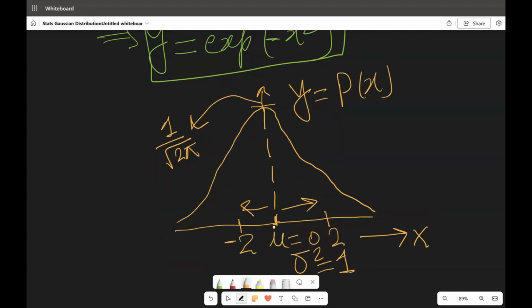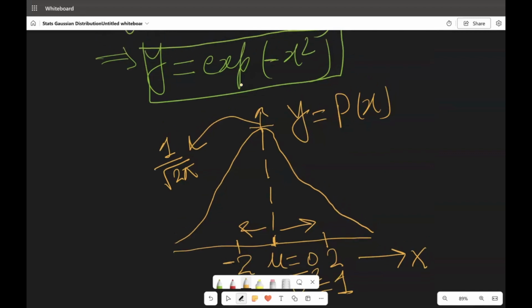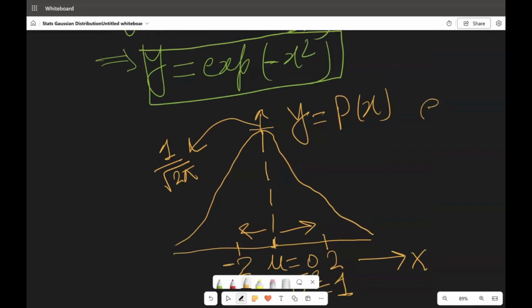At x equal to 0, my y is extremely high. If my x equals 0, what happens to y? It's e raised to the power 0, which is equal to 1.